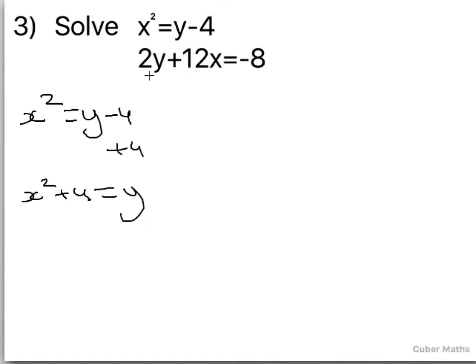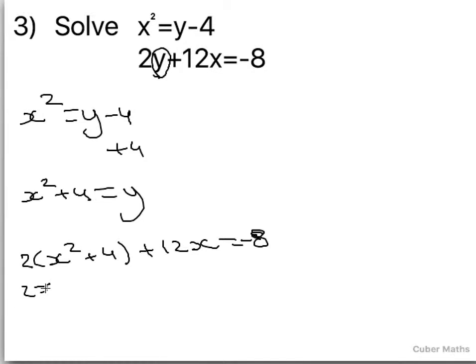So we've got y here and we've got y up here. So that's going to be 2 times x squared plus 4, add 12x is equal to minus 8. So if we expand out this bracket, we're going to be left with 2x squared plus 8 add 12x is equal to minus 8.